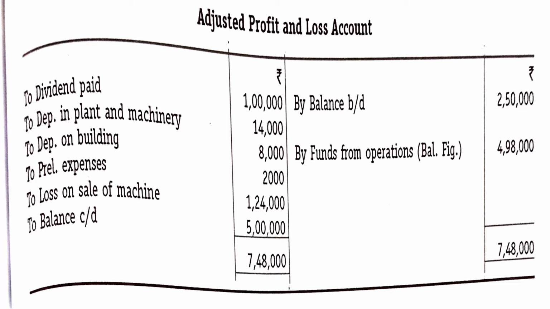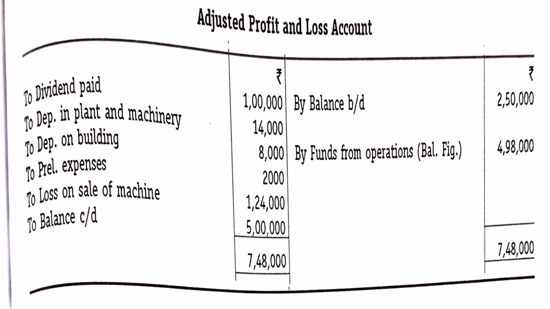So, this is the format of adjusted profit and loss account. First, debit the non-operating expenses including profit. Dividend paid 1 lakh. Depreciation on plant and machinery 14,000.